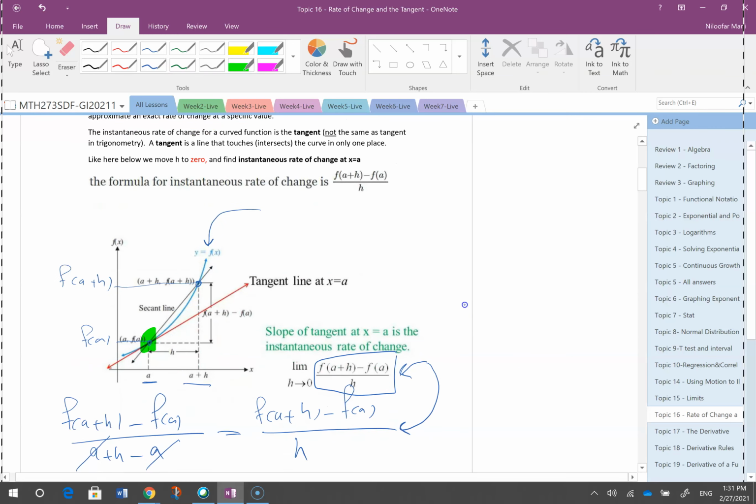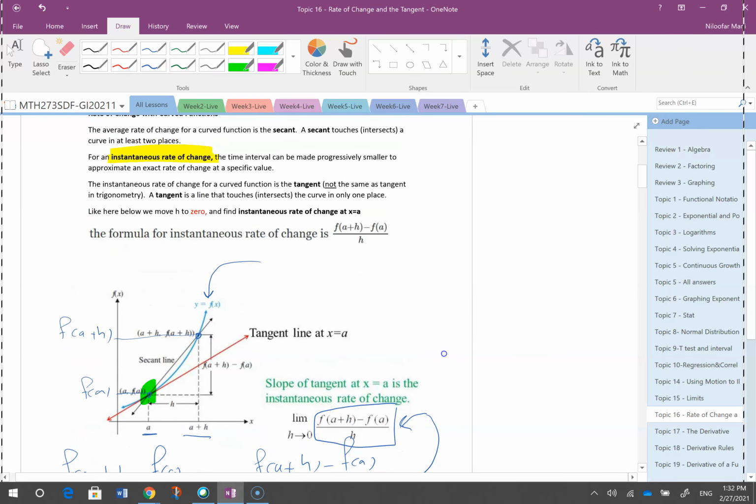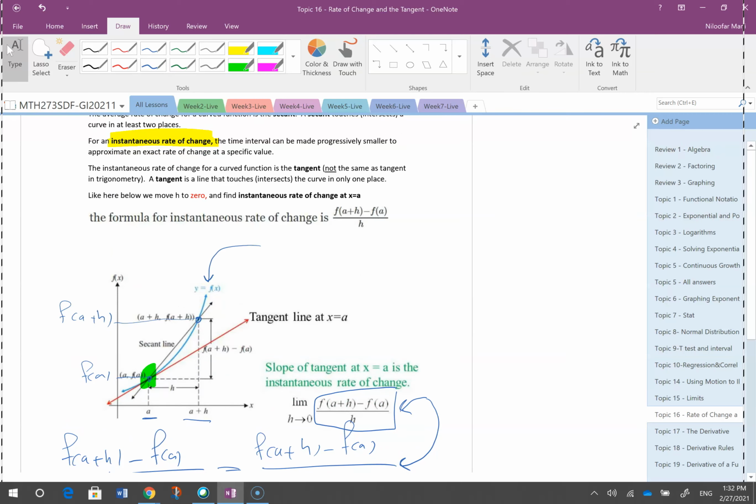If I want to just use that point, if you remember from topic 14, it will be f(a) minus f(a) divided by a minus a, which is 0 over 0. So I don't want to do that. So I choose a very close point to a, which is here.